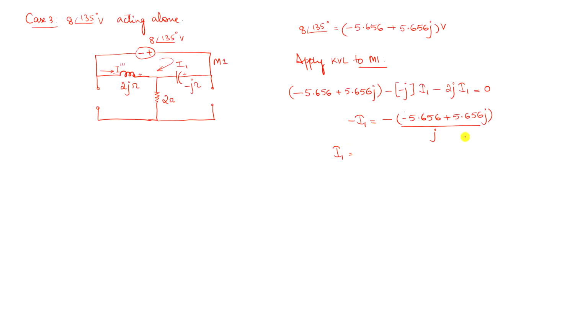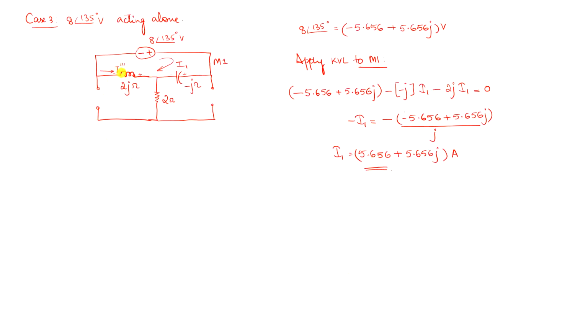This is divided by J, so the value of I1 will be equal to 5.656 plus 5.656 J amps. So this is the value of the current I1.